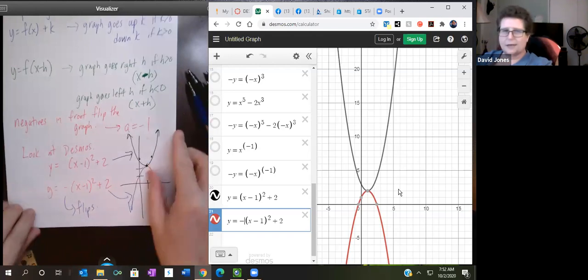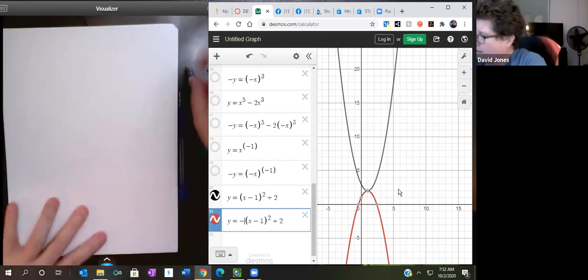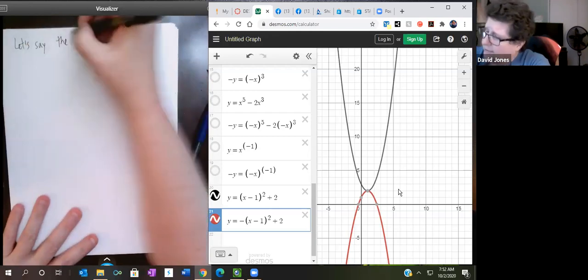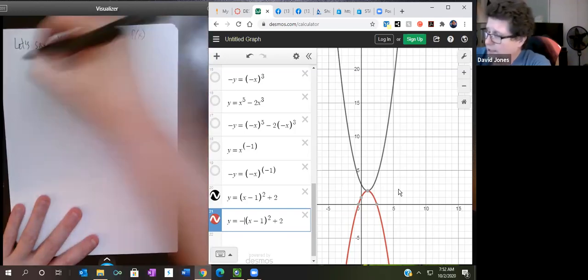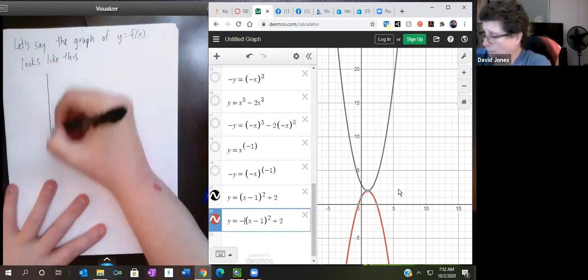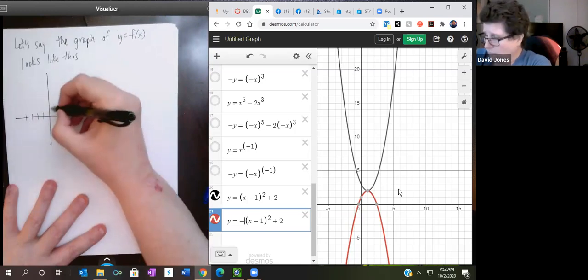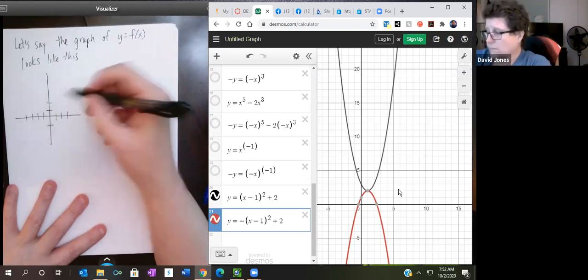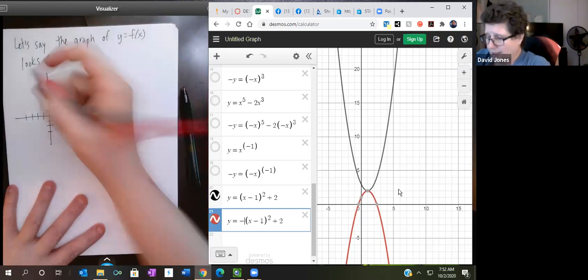And this works if we've got some crazy things. Let's say the graph of y equals f of x looks like this. I've got a point at negative 4, 0.